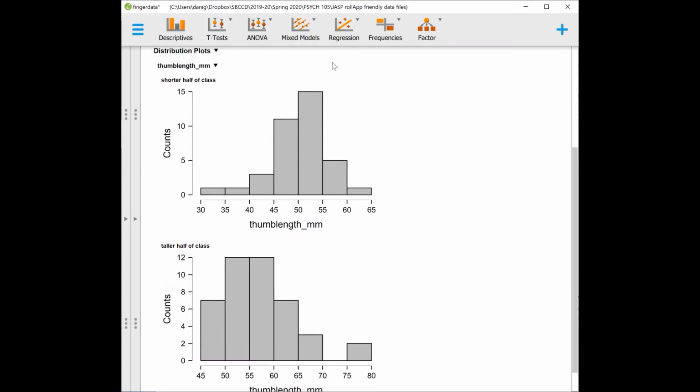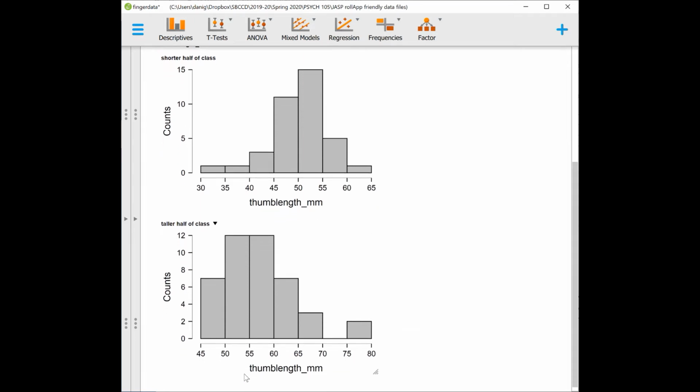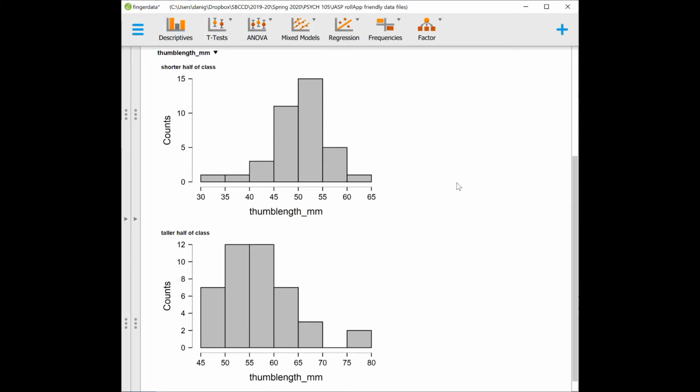So we have this histogram of thumb length in millimeters, which represents the data for the shorter half of the class. And then we have the data for thumb length in millimeters for the individuals who are in the taller half of the class. Okay. So at this point, we are going to use these histograms to create a model of the population that we think these data may have come from.